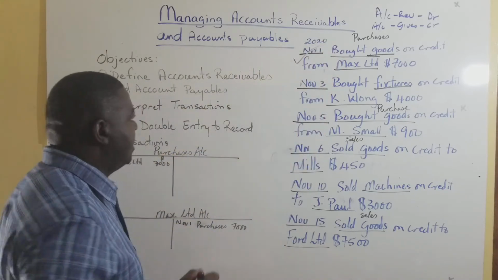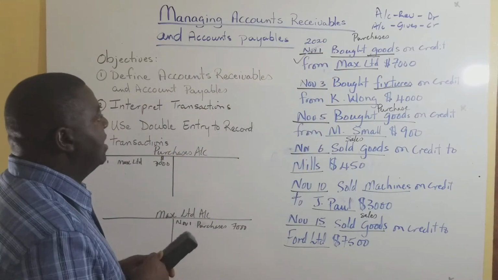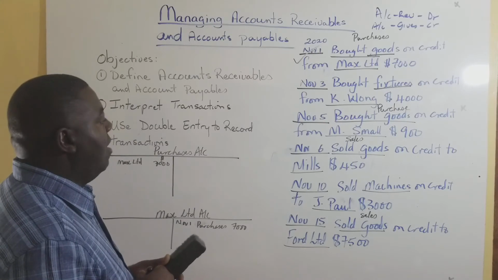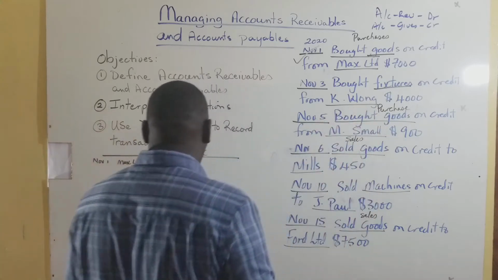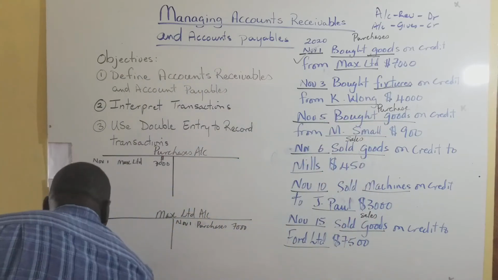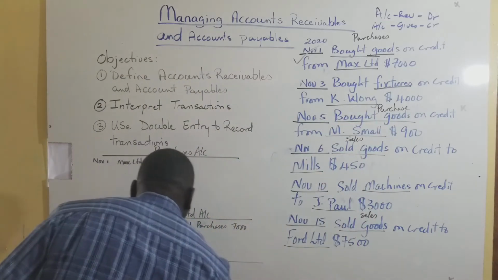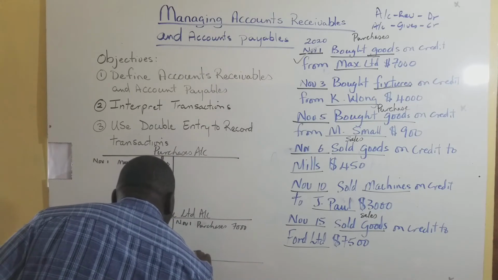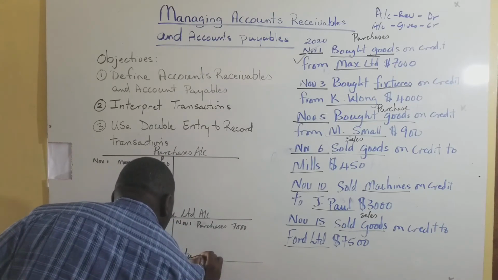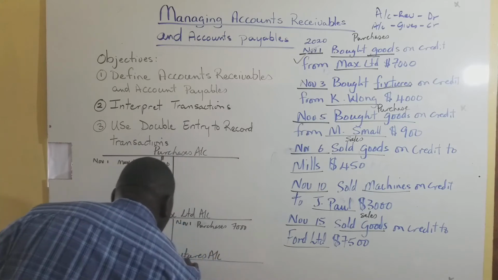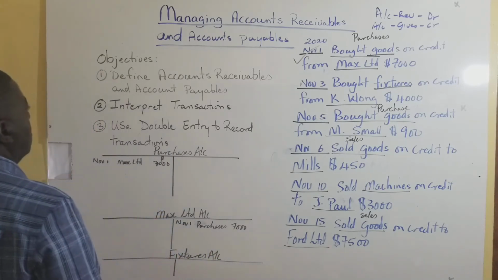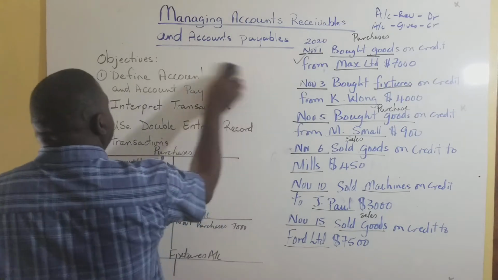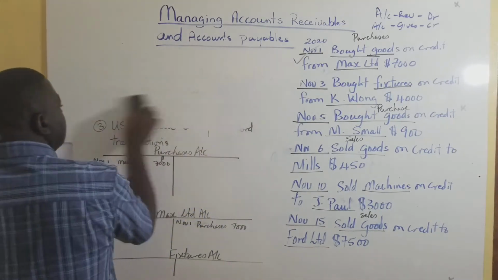The second transaction indicates that we bought fixtures on credit from Wong. So the two accounts affected are fixtures and Wong. We need to open an account for fixtures, and we also need to open an account for Wong. For space, I'm going to remove these.